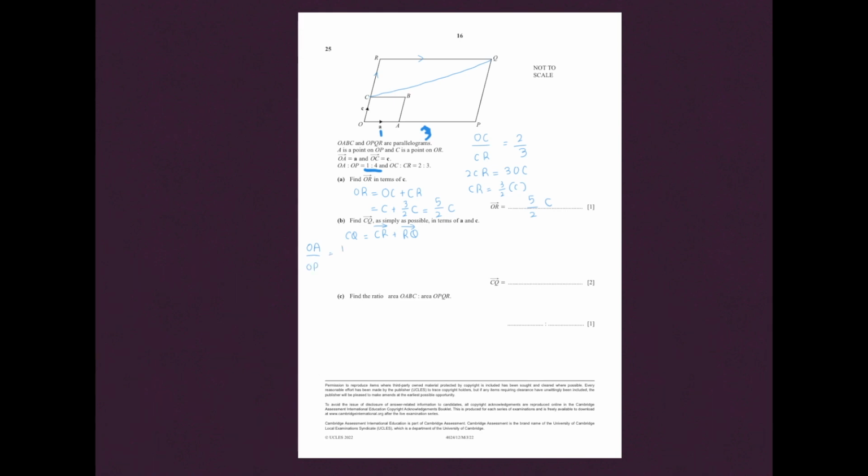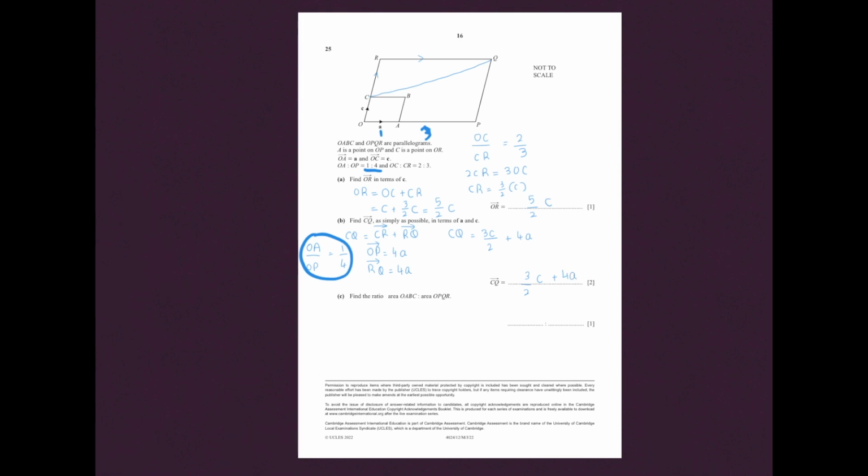So if OA is a, then OP will be 4a. I have done this calculation here. I got this. So RQ is 3a. So CQ will be CR plus RQ. So that's going to be 3 upon 2c plus 3a.